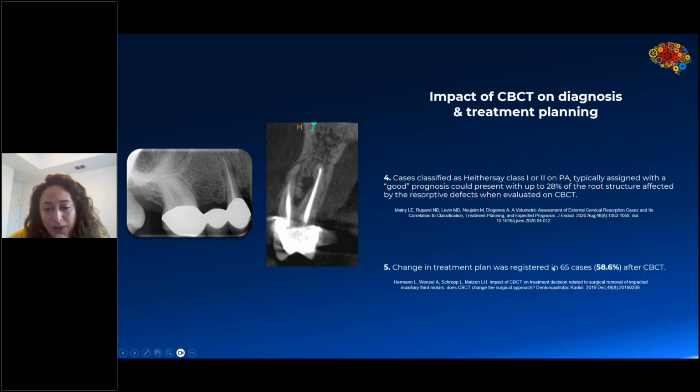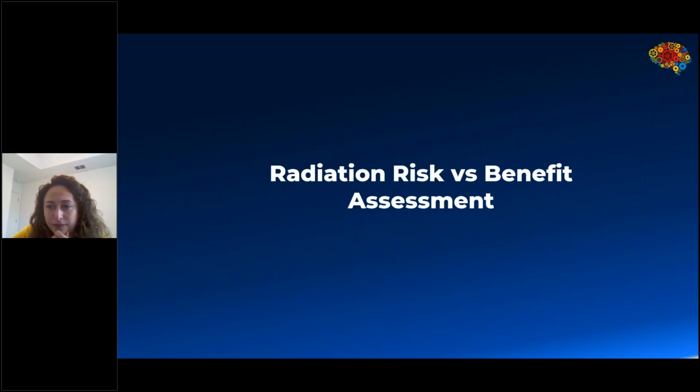This is another paper, on deciding to treat or the surgical approach for impacted third molars or impacted teeth. You can see that their decision to treat was changed in over 58% after they looked at cone beam. It didn't mean they weren't going to treat, but it could have meant changing their approach or how they're going to treat it.